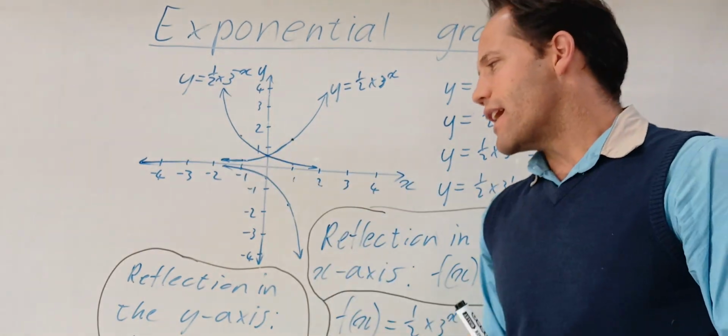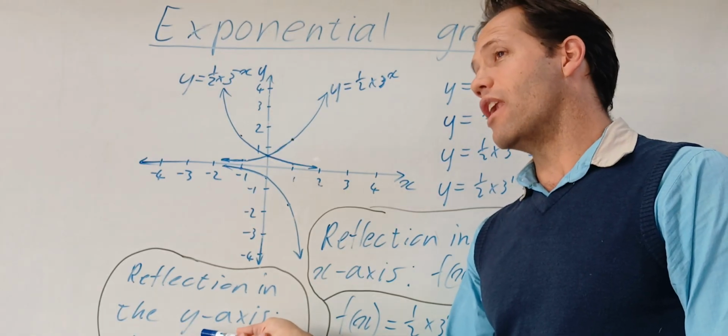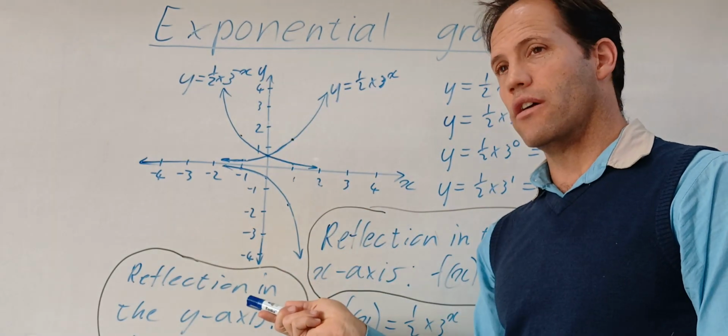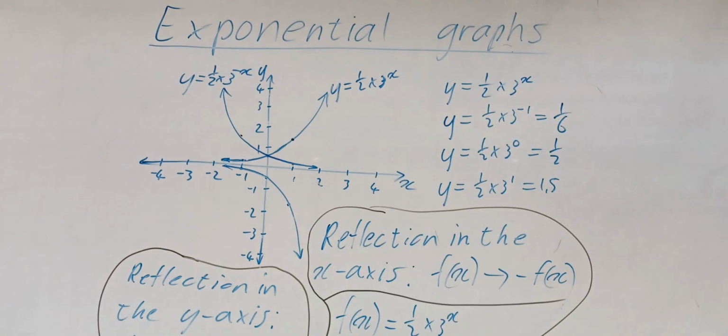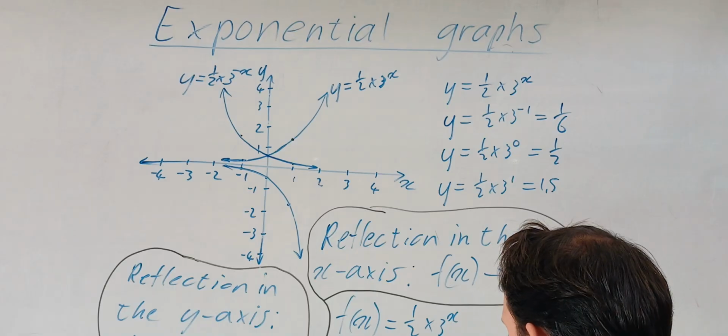So they can either say reflection in the y-axis, or reflection in the line x equal to 0. The y-axis is the line x equal to 0, and the x-axis is the line y equal to 0. So they can say it like that also.